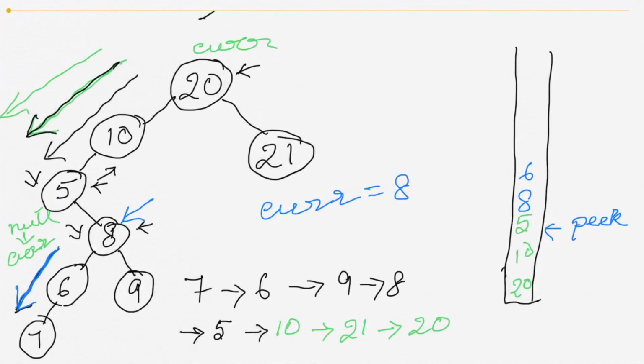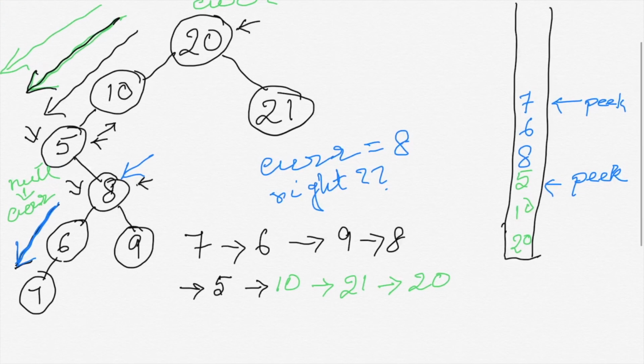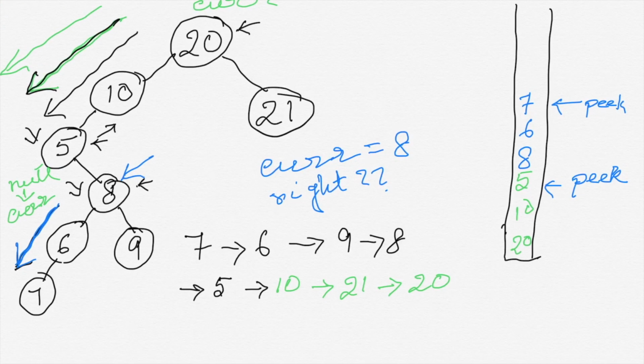We put 6, we go to its left, and it is 7, we see it's not null. Then we go to its left, and we see it is null, and we stop here. Now we do a peek again. We check, does it have a right node or not? We see it does not have a right node, so we pop it.